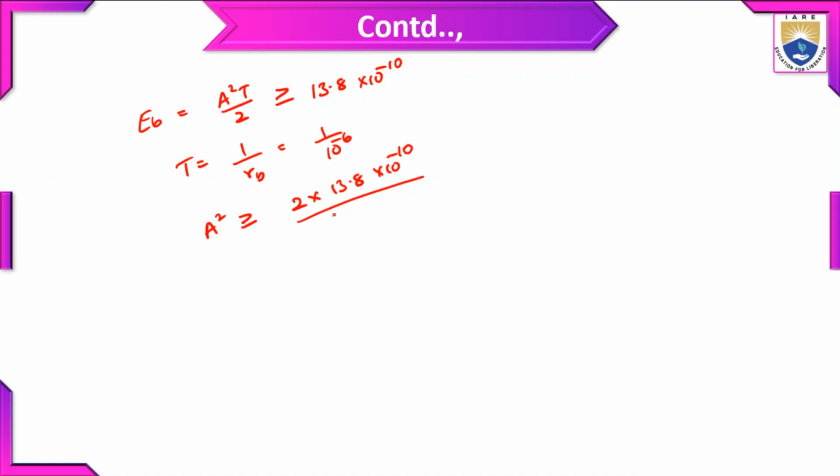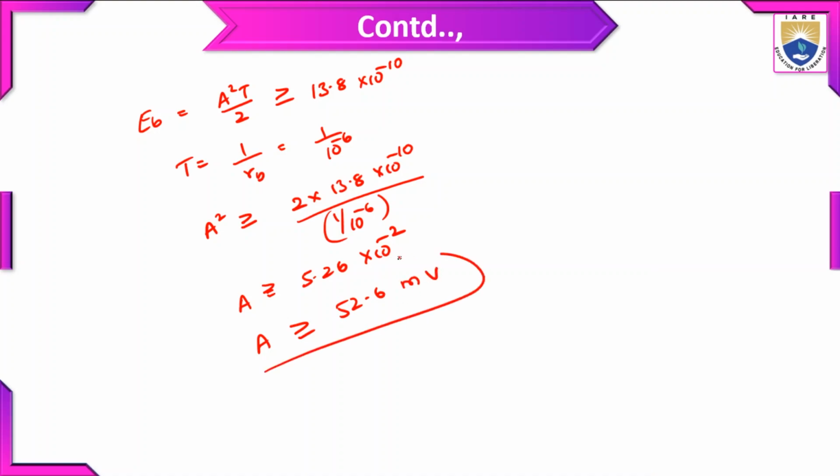So A is greater than or equal to 5.26 into 10 power minus 2. This is the amplitude, which we can read as 52.6 millivolt.